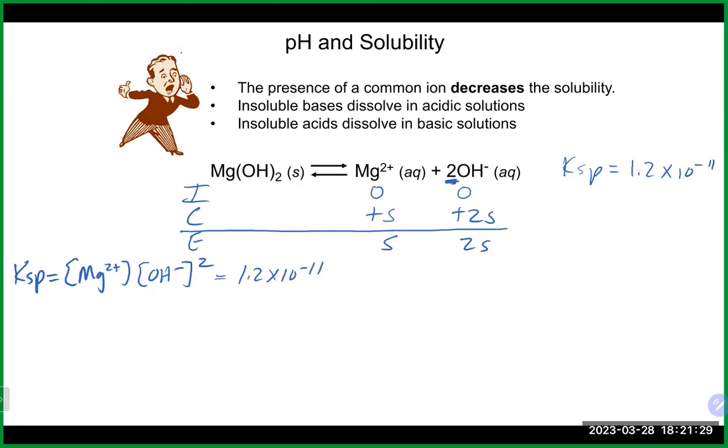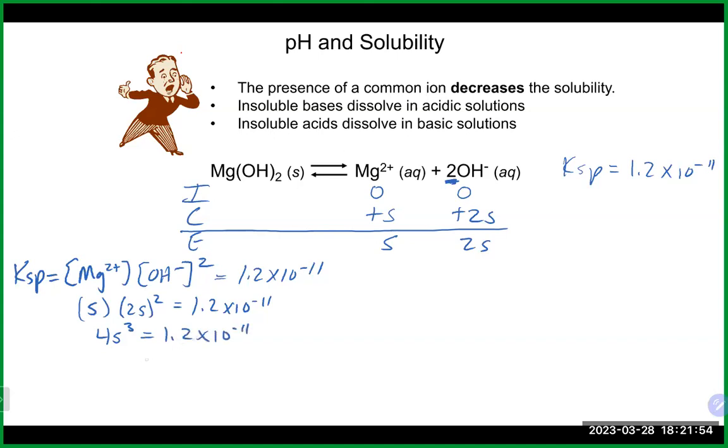So at this point, we'll put our s's in. This will give us s times 2s squared equals 1.2 times 10 to the minus 11. Combining everything on the left-hand side, and again, remembering to also square the number, will give us a little 4s cubed is equal to 1.2 times 10 to the minus 11.